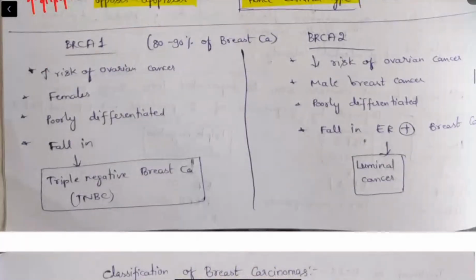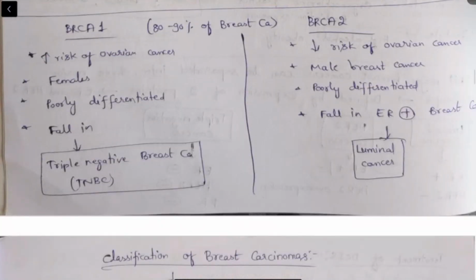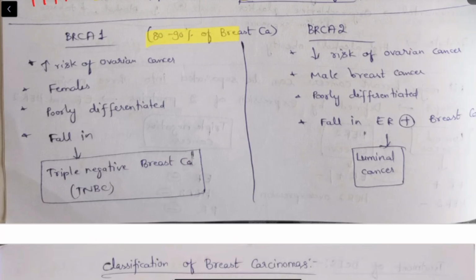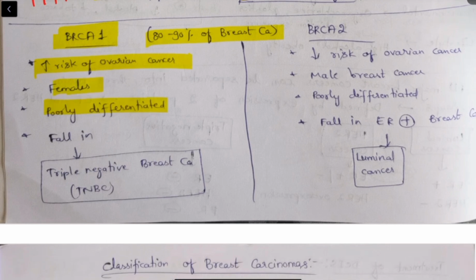Now, we should know certain differences between BRCA1 and BRCA2, because these almost constitute about 80 to 90% of breast cancers. So in case of BRCA1, there is increased risk of ovarian cancer also, and it is usually seen in females, and these cancers are poorly differentiated and they fall in triple negative breast cancers. Hence these are most dangerous.